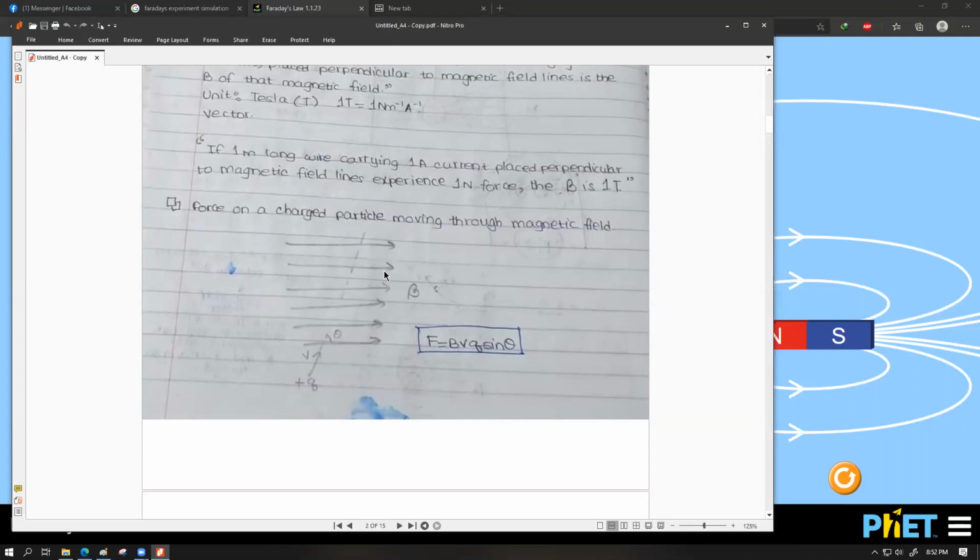A single charged particle flowing through space can also be defined as current, because that is also movement of charge. So if you have a positively charged particle going in any direction, conventional current I can be considered in that same direction. If a negatively charged particle is going in any direction, conventional current should be considered in the exact opposite direction of that velocity. That's what I'm trying to make.